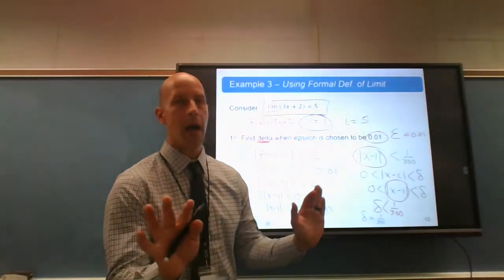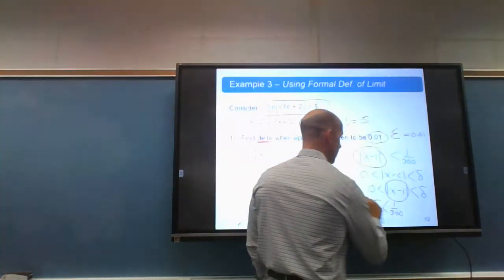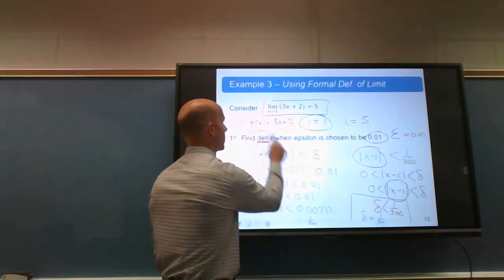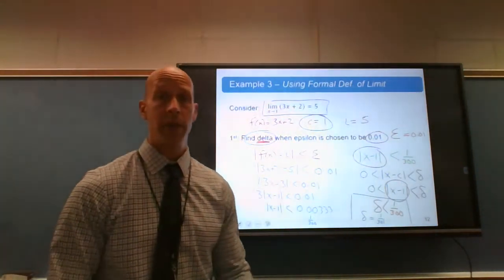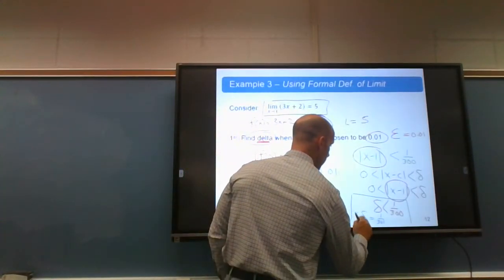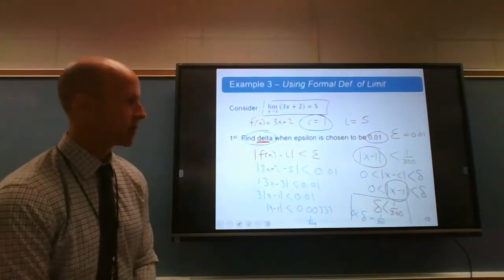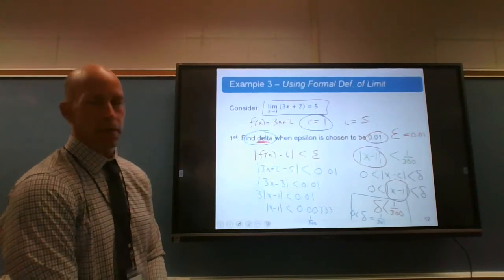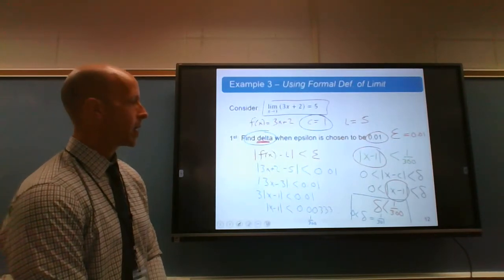Now you can stop at this point because I have found the delta that I need. And by the way, there are infinitely many deltas. We have to keep in mind that delta has to be greater than 0. You can't pick negative values for delta. But we've got our delta here, okay?